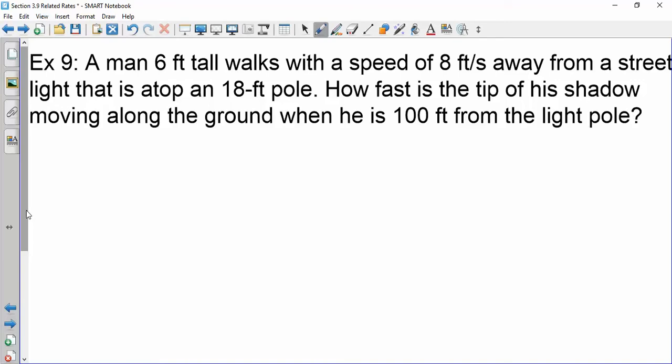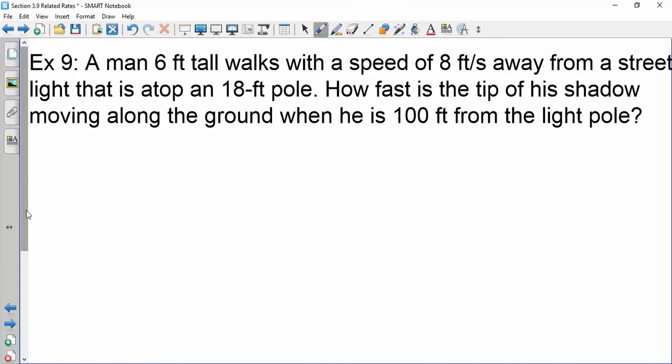So we have a man 6 feet tall, walks with a speed of 8 feet per second away from a street light that is atop an 18-foot pole. How fast is the tip of his shadow moving along the ground when he is 100 feet from the light pole?